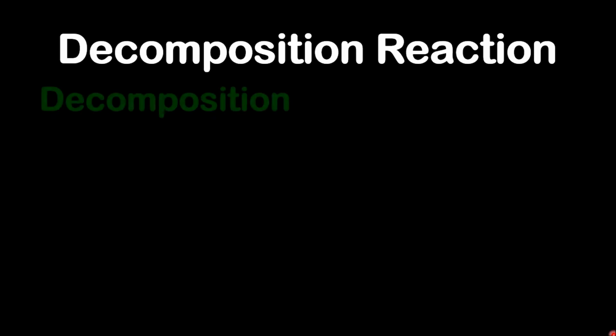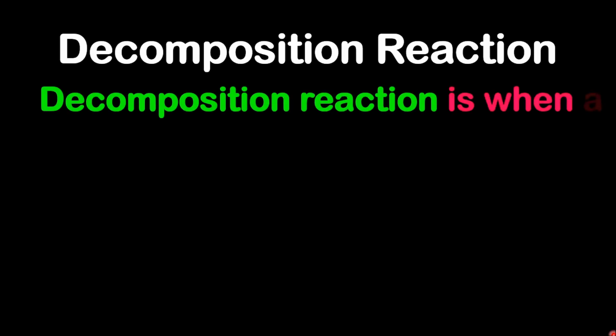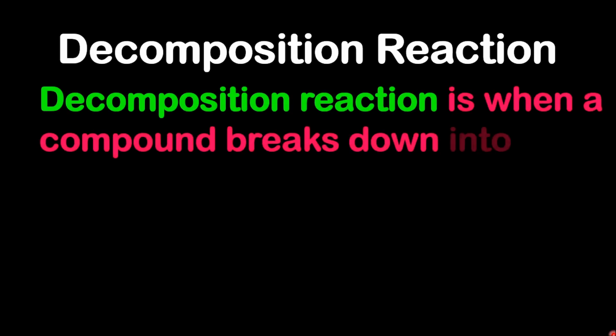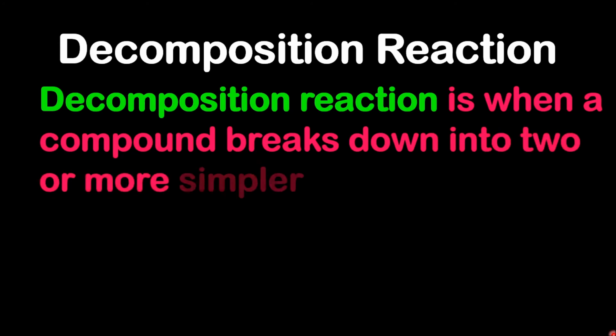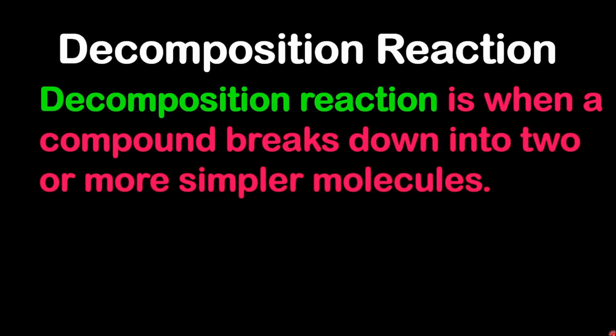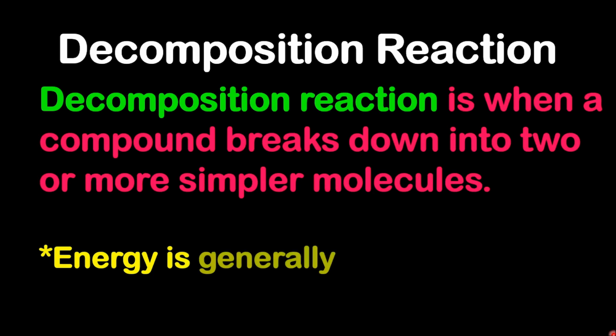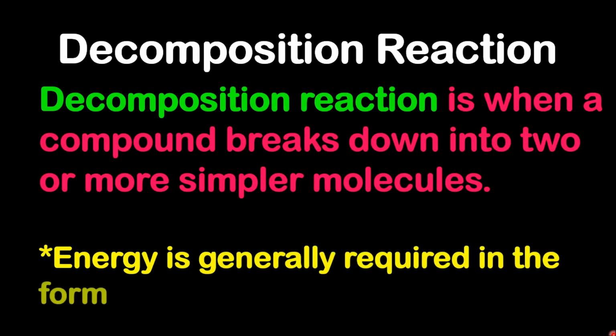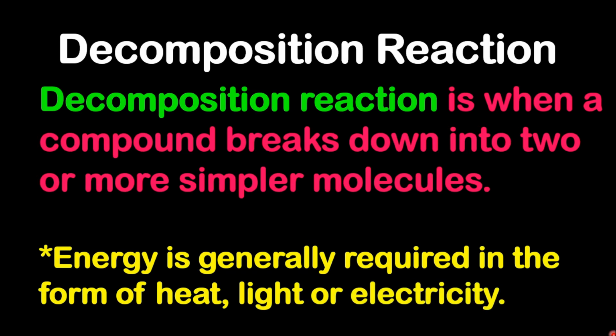Decomposition reaction is when a compound breaks down into 2 or more simpler molecules. Generally, energy is required in the form of heat, light, or electricity. In the case of heat, it is called thermo-decomposition.